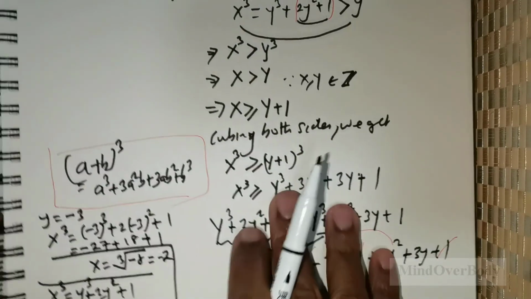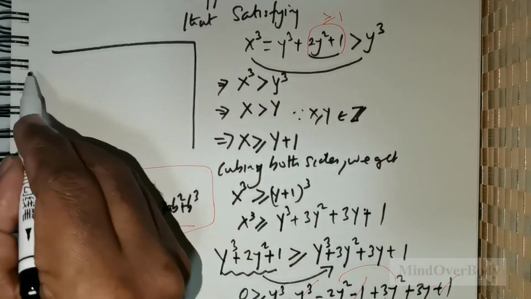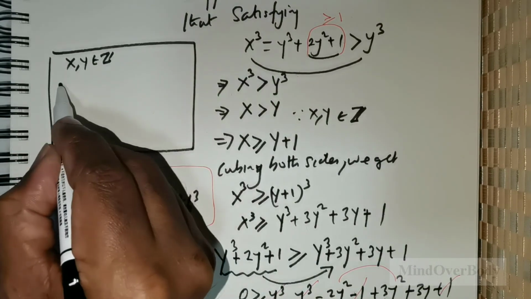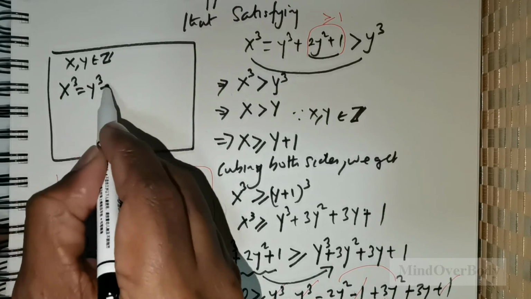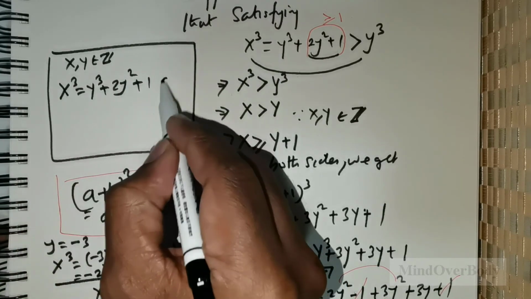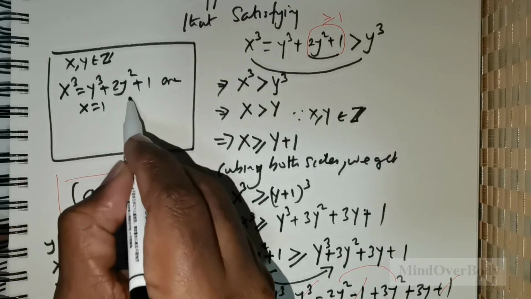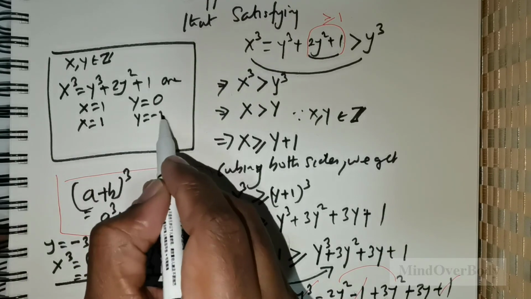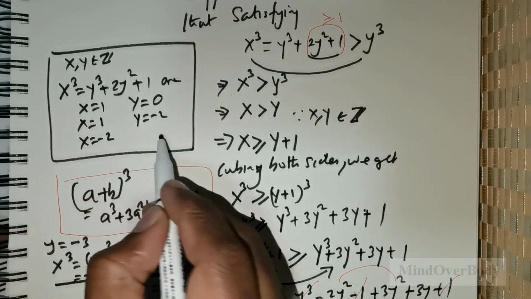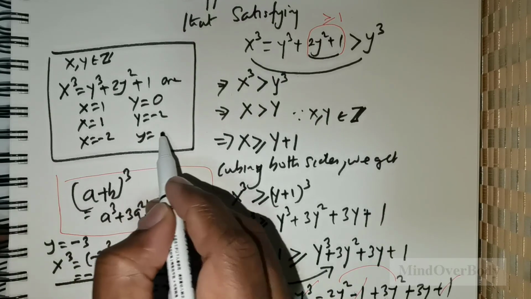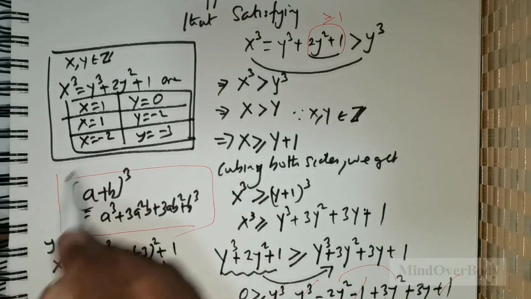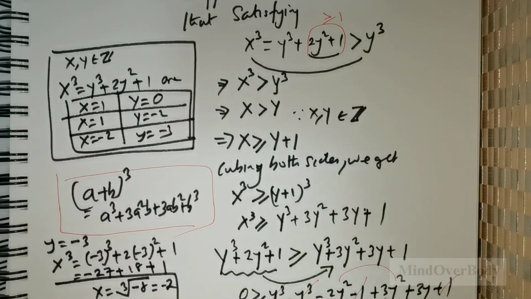Just to sum up the final answer, the x and y elements of the integers that satisfy x cubed equal to y cubed plus 2y squared plus 1 are: x equal to 1, y equal to 0; x equal to 1, y equal to -2; x equal to -2, y equal to -3. These are the x and y that satisfy the given equation. So that completes the solution for this question.